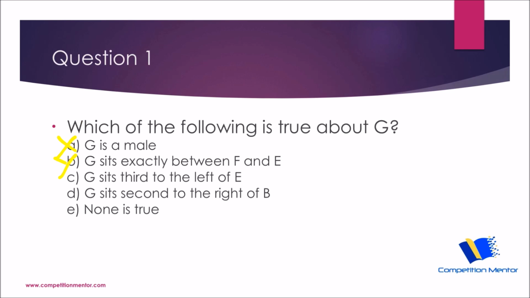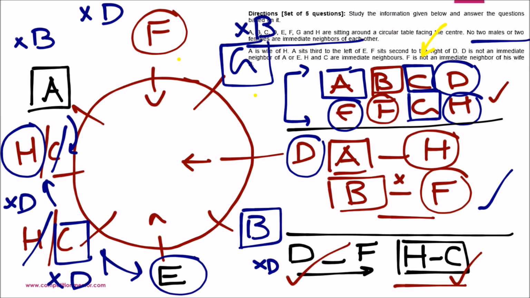G sits third to the left of E. So E is here, and E's third is 1, 2 and 3. So no, that is also not there. So we can cross that off easily.